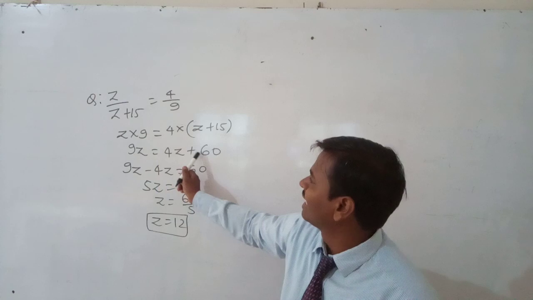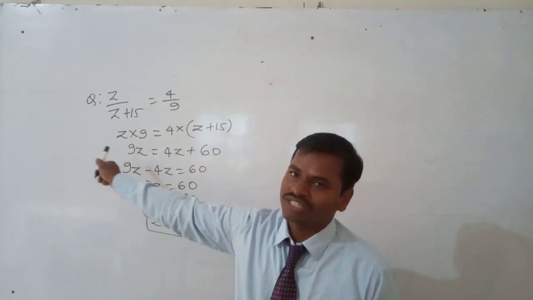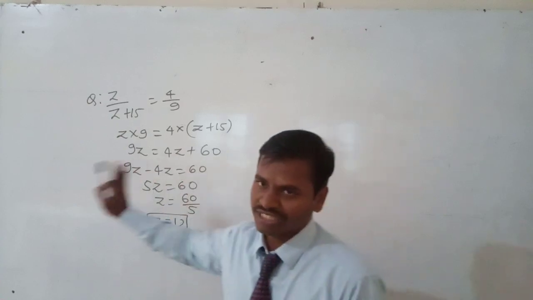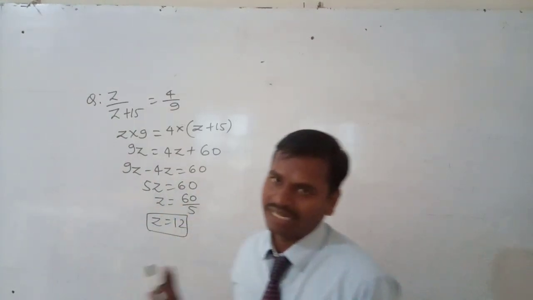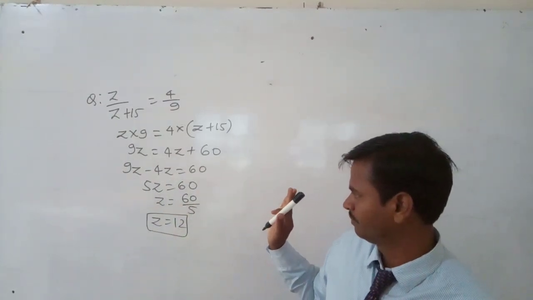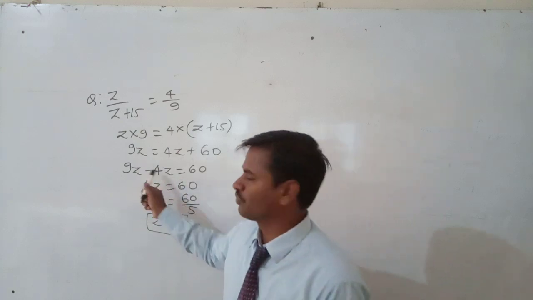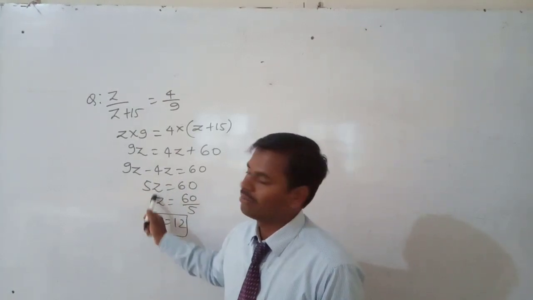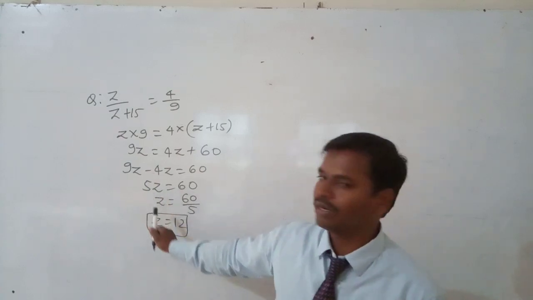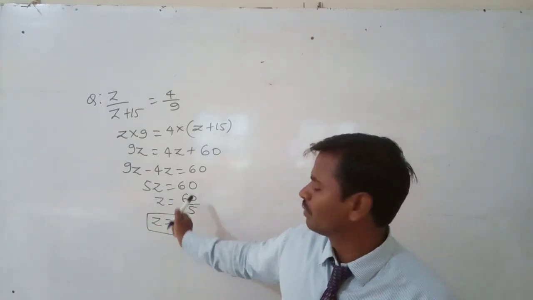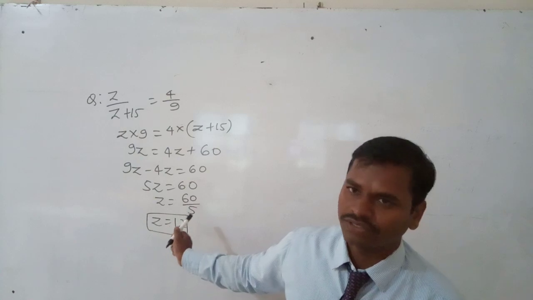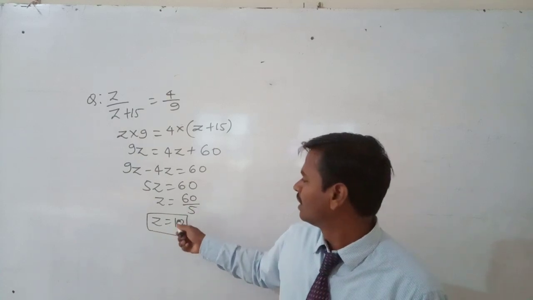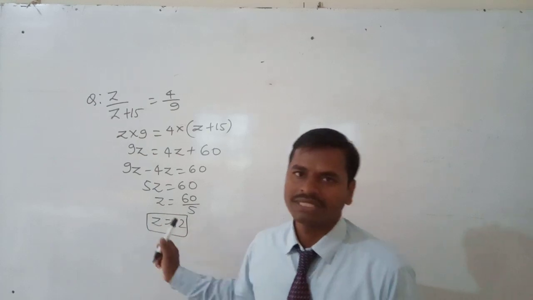Just multiply, shift this variable term to the left side because we should always shift variable terms to the left side, constant numbers to the right side. 9z minus 4z will become 5z. Into 5 will become divided by 5. That is why z equal to 12 is the answer.